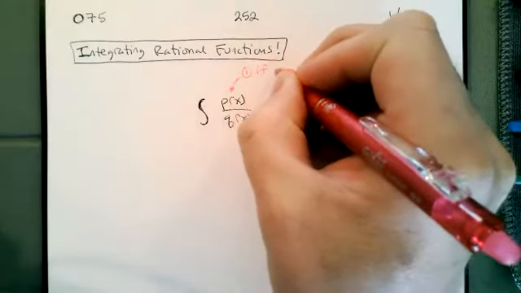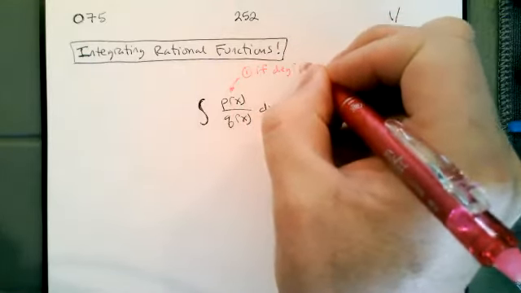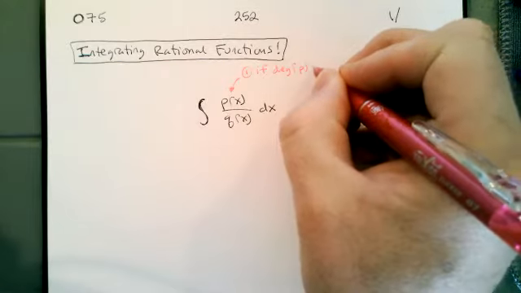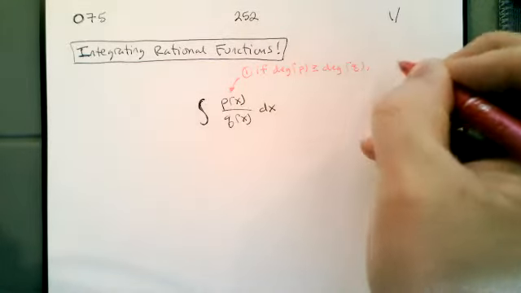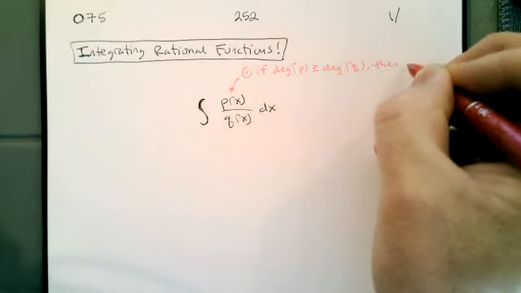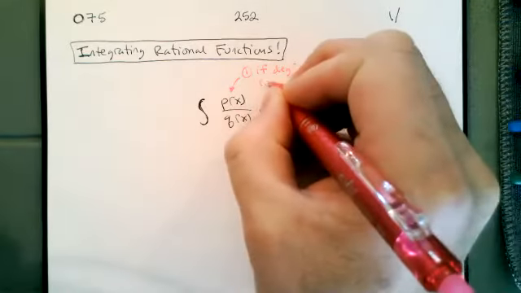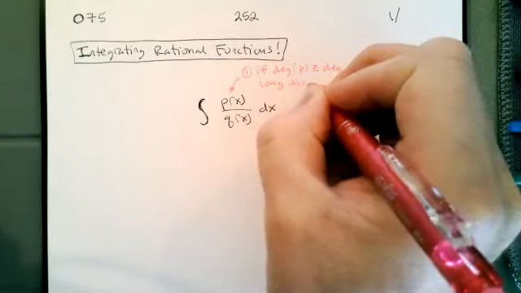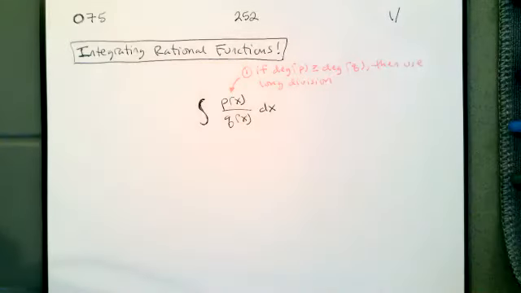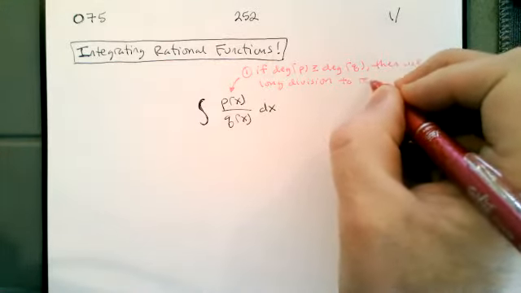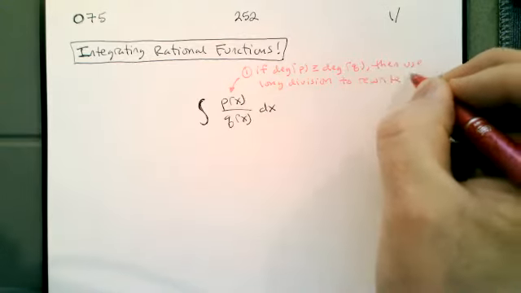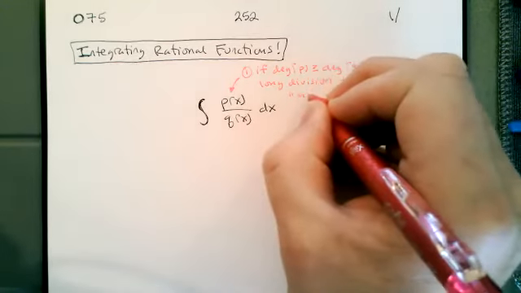If the degree of p of x is greater than or equal to the degree of q of x, then use long division to rewrite the integrand into a new polynomial as a mixed number.